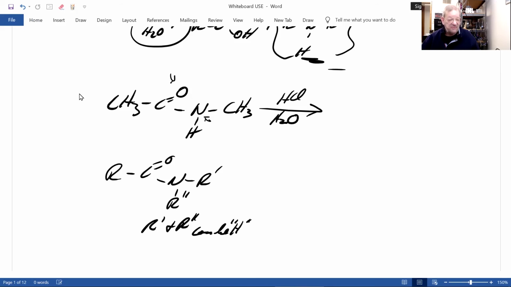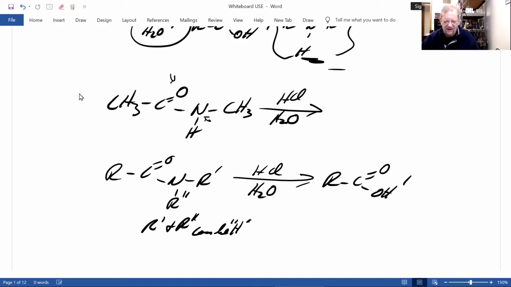In this case, they might be, and it's reacted with HCl and water. And what you get is the carboxylic acid you would have used to make that amide, plus not the amine, but the amine salt you would have used, the amine salt of the amine you would have used to make that amide.